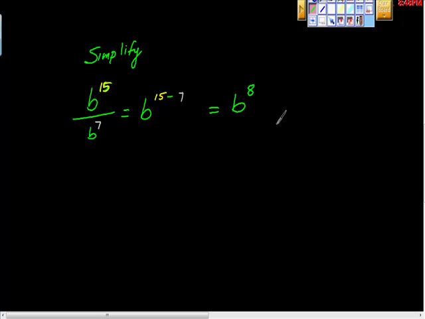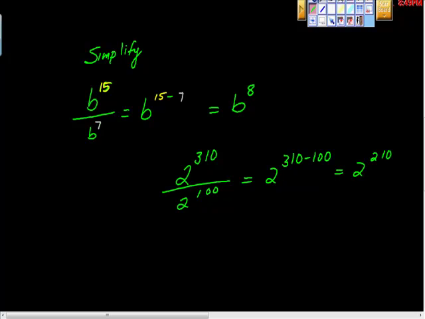So there's a reason for this math. What if we had 2 to the 310th power over 2 to the 100th power? That would be a lot of arithmetic to do, wouldn't it? Instead, we can say that's 2 to the 310 minus 100th power, otherwise known as 2 to the 210th power, isn't it? Okay, so good work.